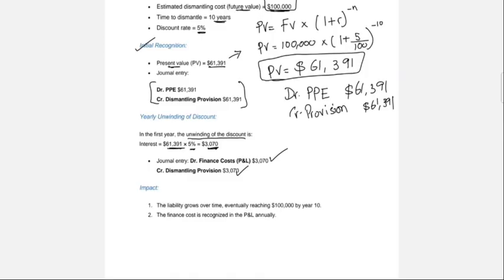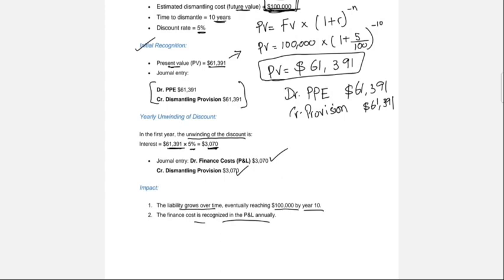You will recognize the increase in the provision every year until it matches your future value of $100,000. So the liability grows over time, eventually reaching 100,000 by year 10. The finance cost is recognized in P&L annually.